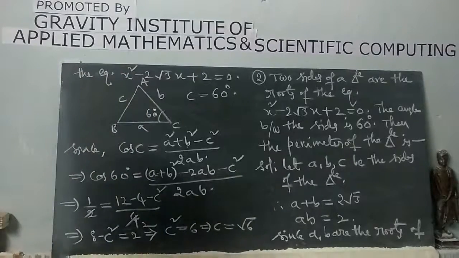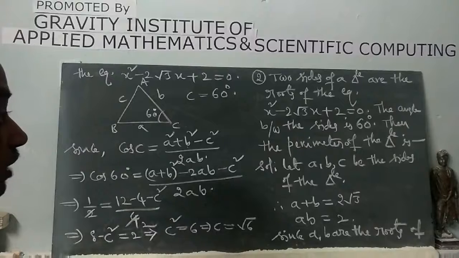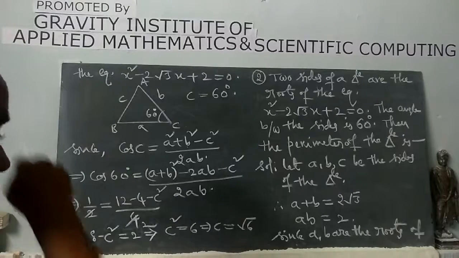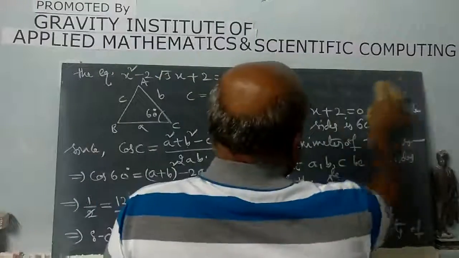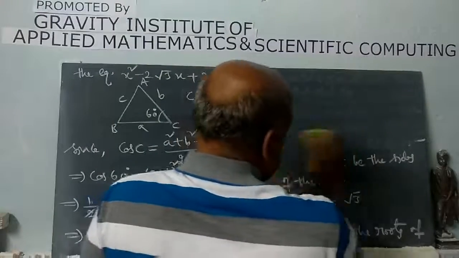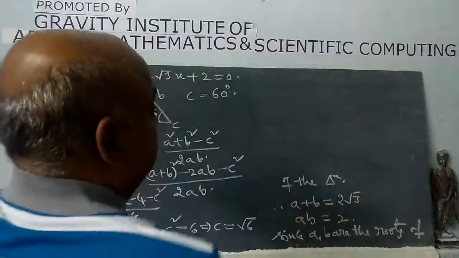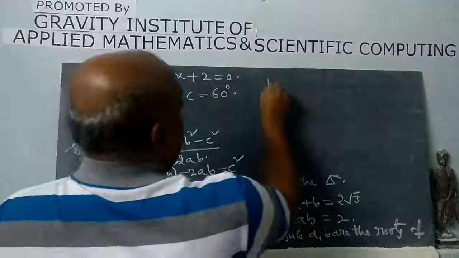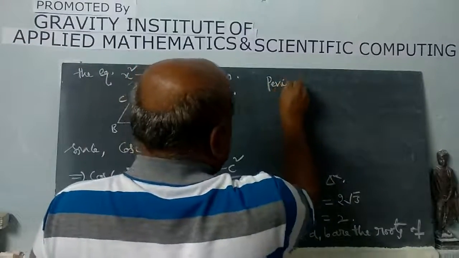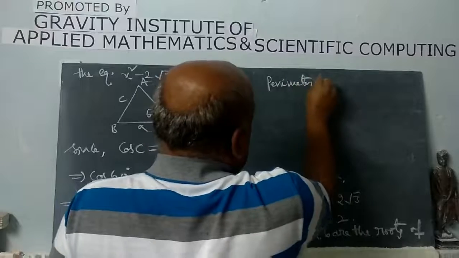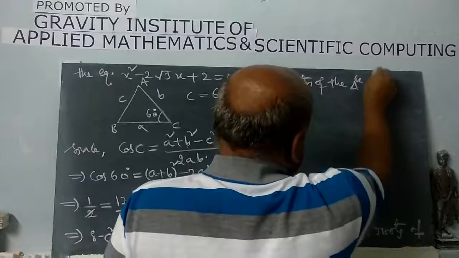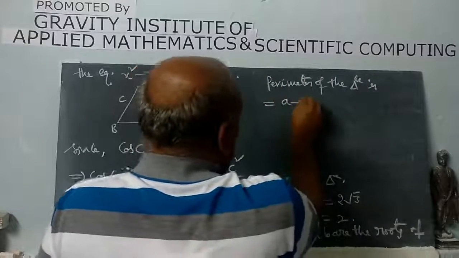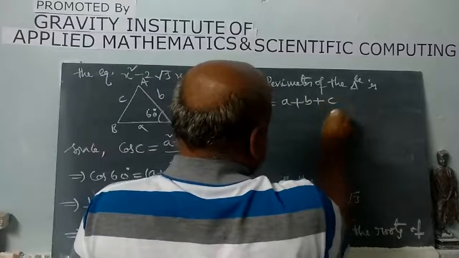Now the perimeter of the triangle is a plus b plus c.